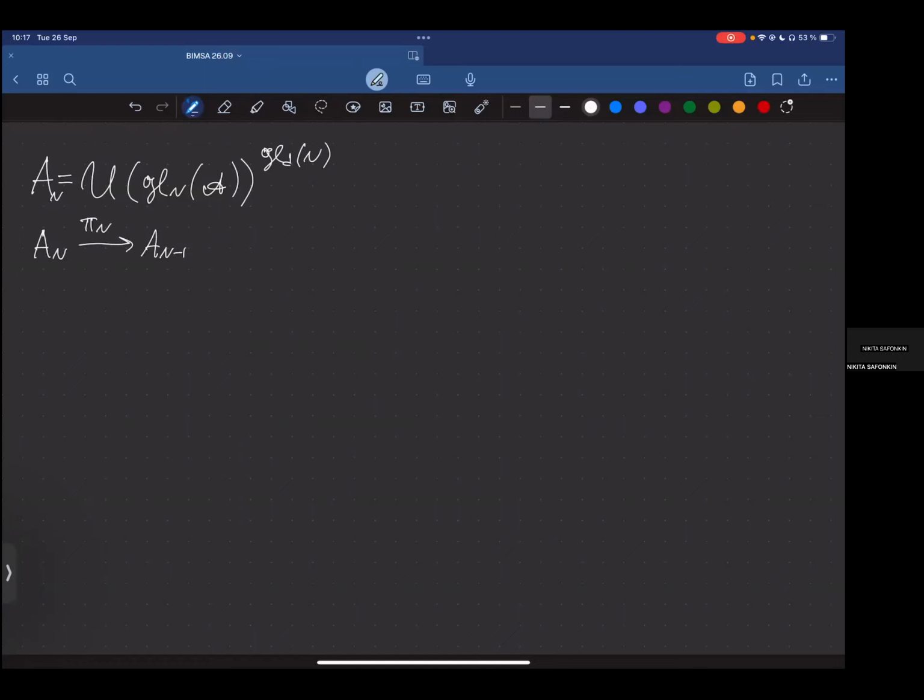Okay, for that I need some notation. I plus is the left ideal of our matrix algebra over A generated by these elements.